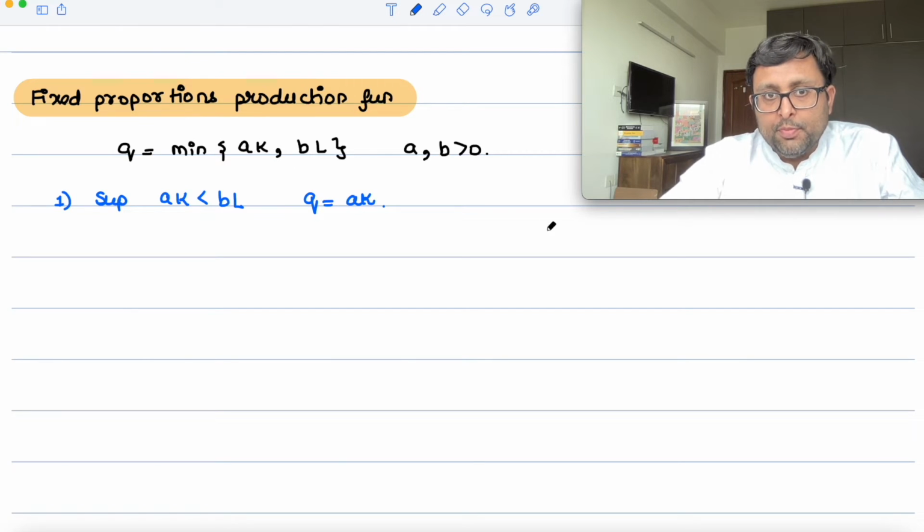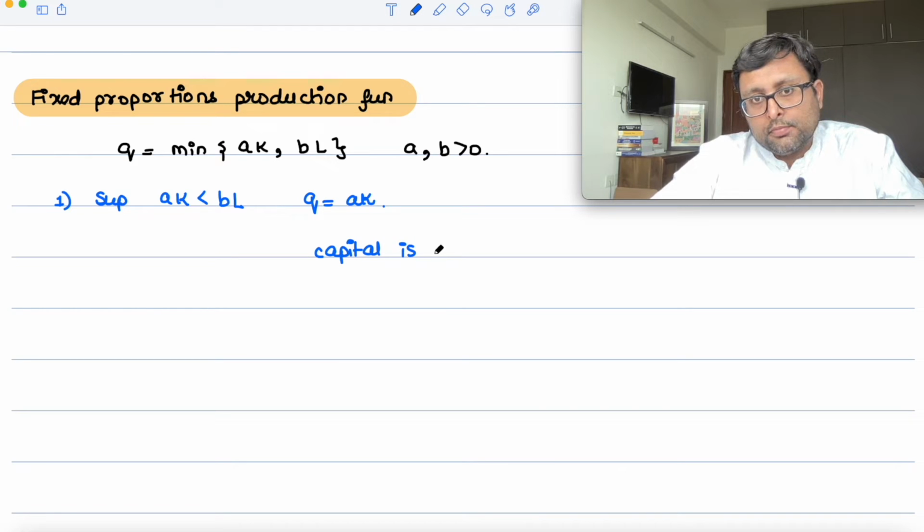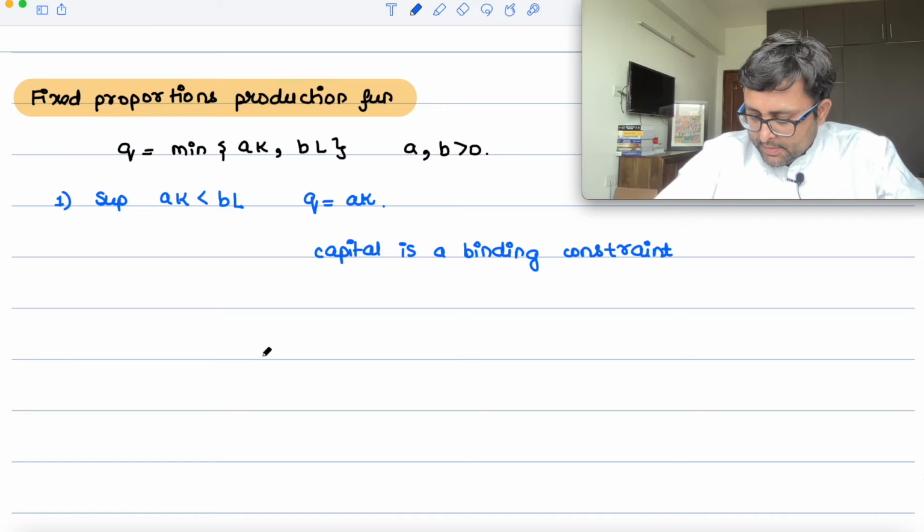Whatever is minimum, you will pick that out from here. So we would say that capital is a binding constraint in the production process.